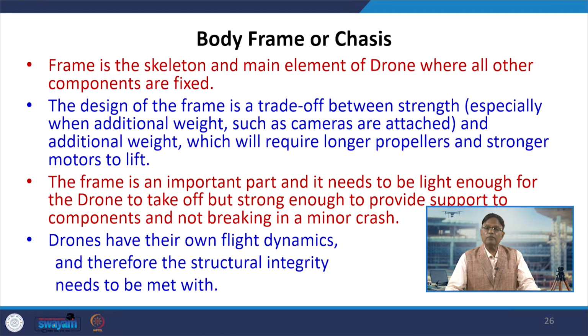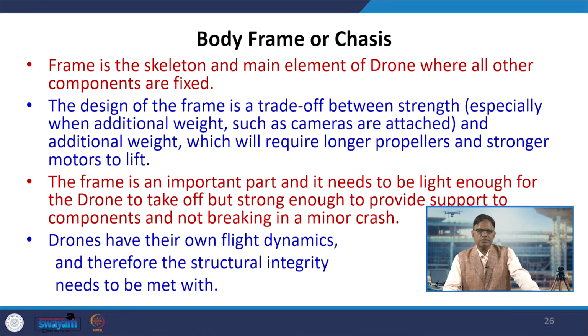The design of the frame is basically a trade-off between strength and the additional weight, for example, of the cameras or the sensors, which will require longer propellers and stronger motors to lift the drone. So that design is a trade-off between the weight which we are carrying and the strength which is required.